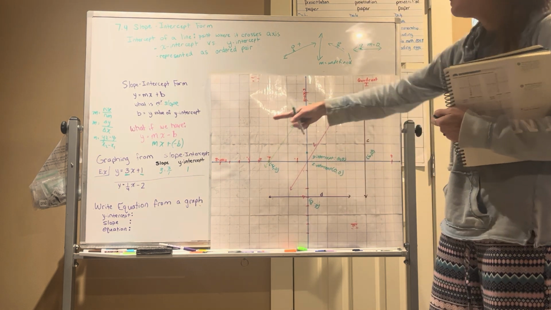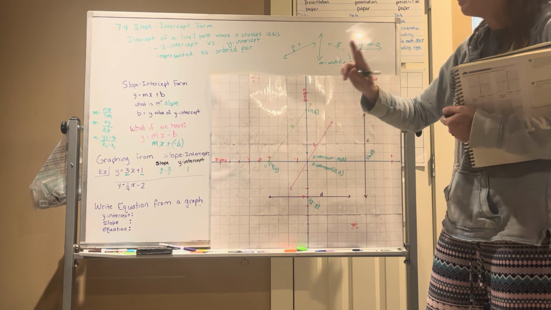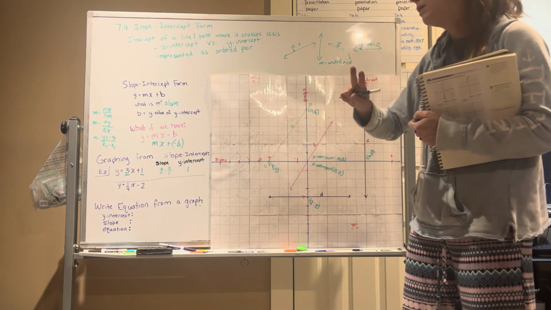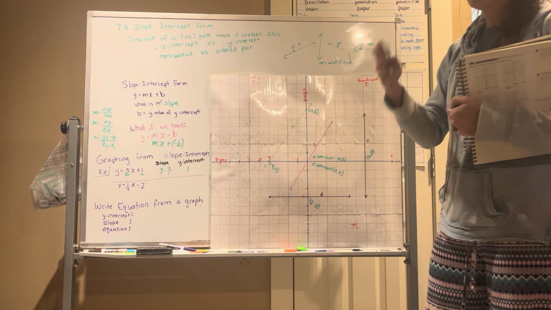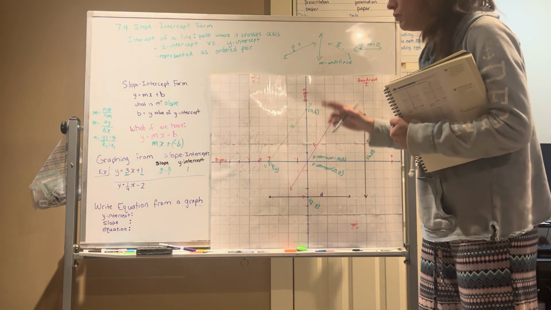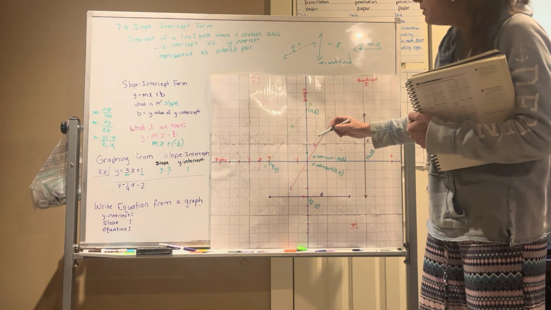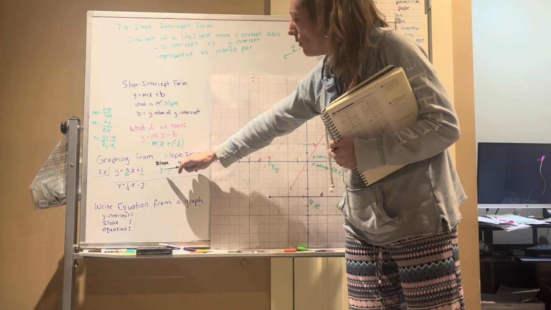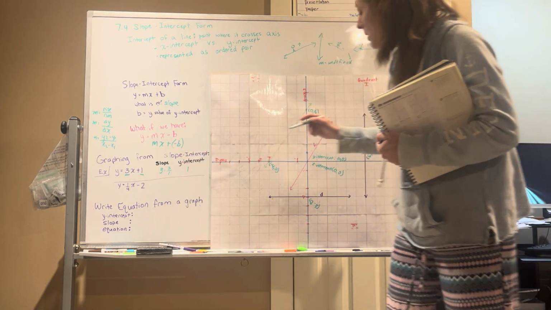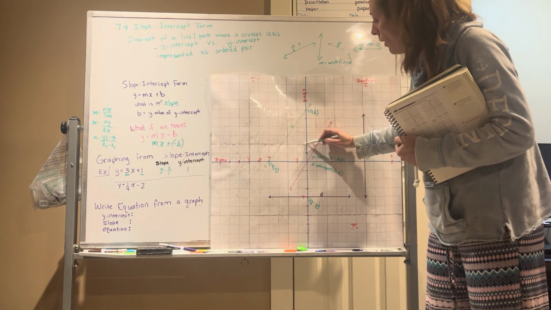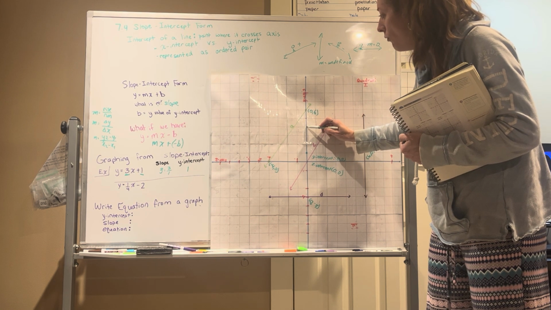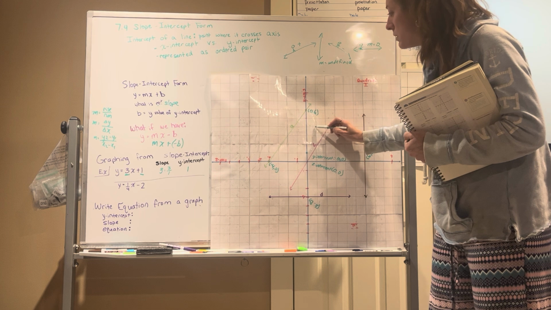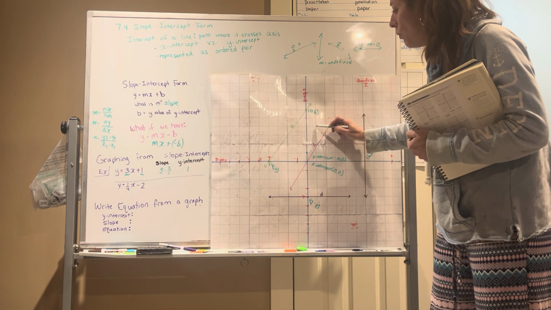And now you need to put another dot. Remember, you need 2 dots. Any line will go through 2 dots. You can add 3 dots for accuracy, but 2 dots is sufficient. So our slope of 3 is going to be a rise of 3, 1, 2, 3, over our run, which is the x value of 1.